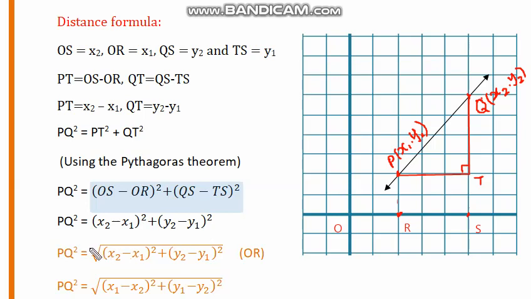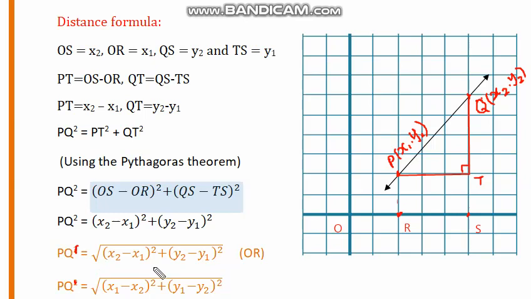Actually here we need to find PQ. So PQ equals the square root of x2 minus x1 the whole square plus y2 minus y1 the whole square. Here you need not take plus or minus, because distance is always considered positive.